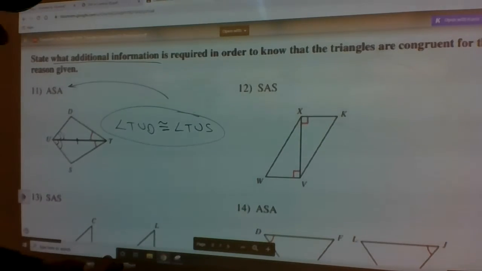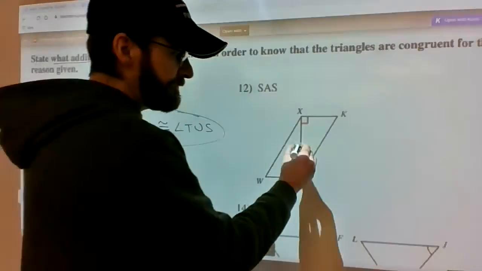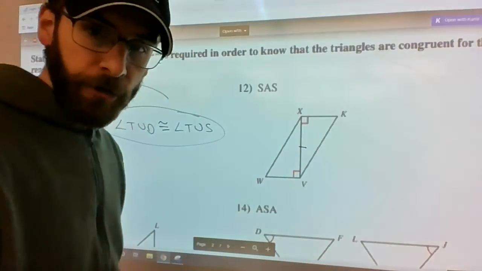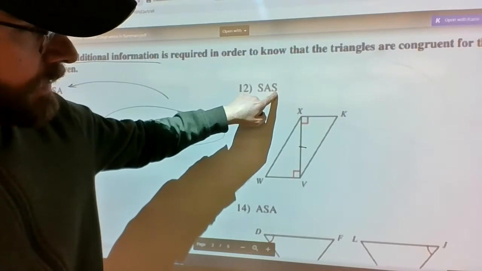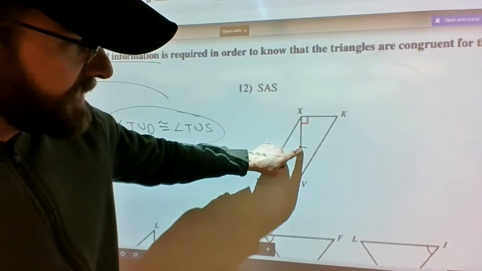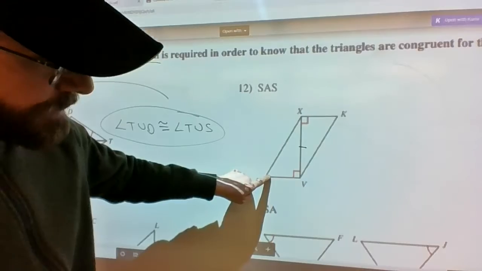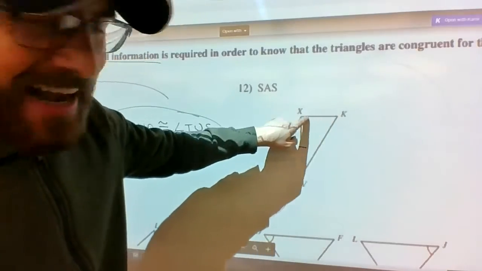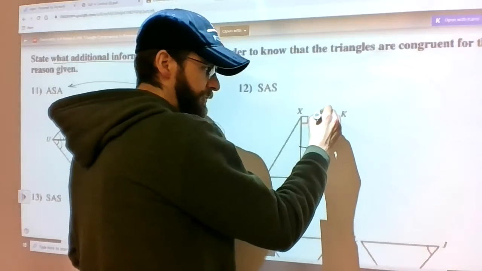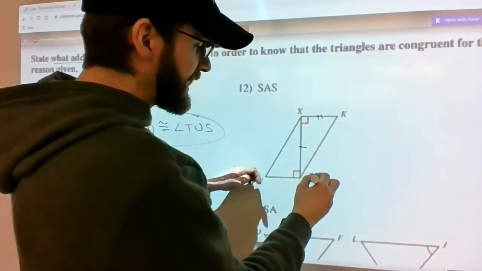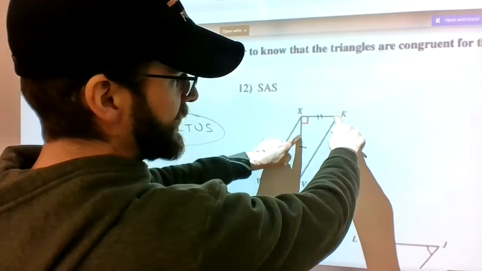Move on to number 12. We've got another shared side scenario. VX is certainly congruent to itself. In order to create side angle side, though, we need side angle. We need this side right here to be proven congruent to this side over here. So what you can do is mark up your triangle document. By the way, it's got to be the side that with the shared side creates the congruent angle.